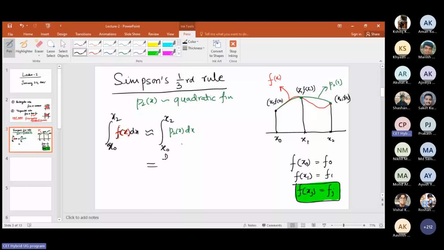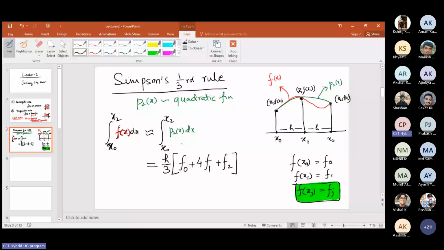All right. So my Simpson's 1/3 formula, after this replacement, will become h by 3. What is h here? h is the width. As I told you earlier, these are equidistant points. So this is h by 3 times f0 plus 4 f1 plus f2. Sorry, there is no extra term. That means f0, the value here, plus 4 times f1 plus f2.